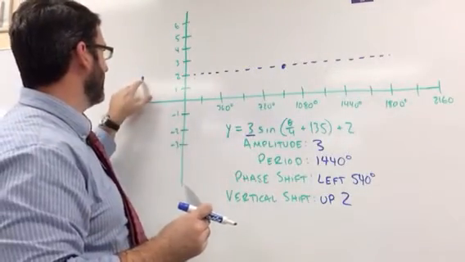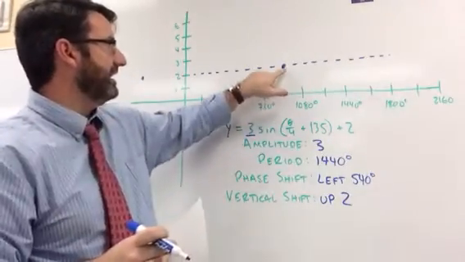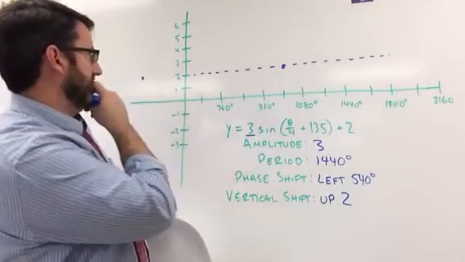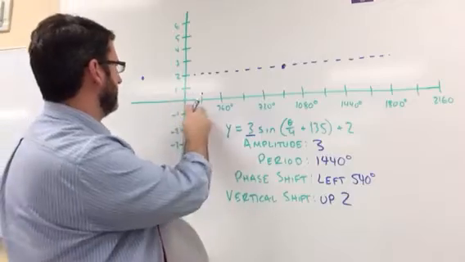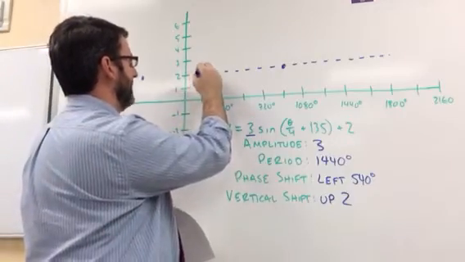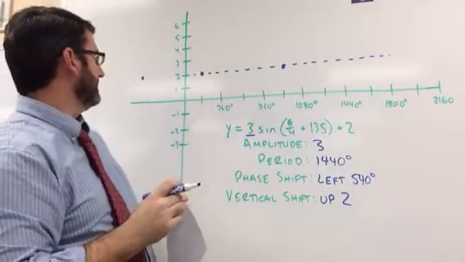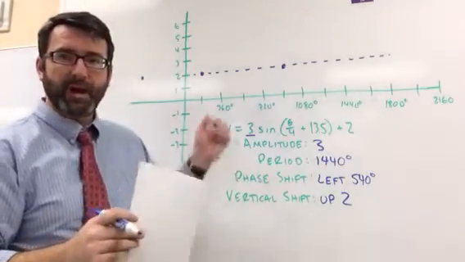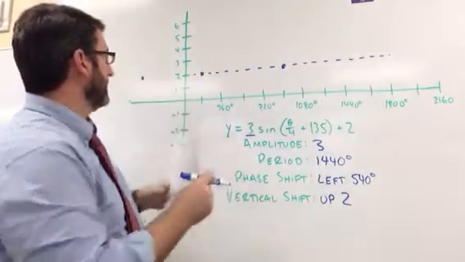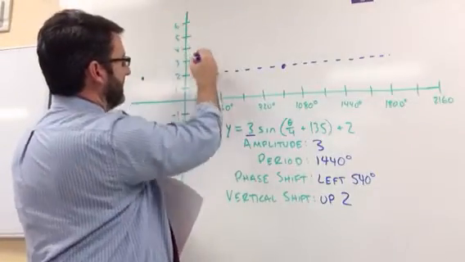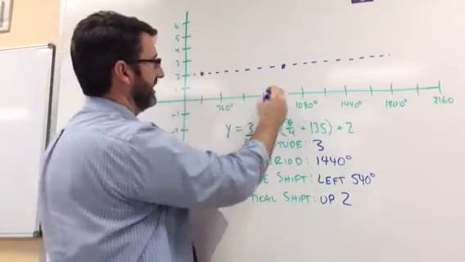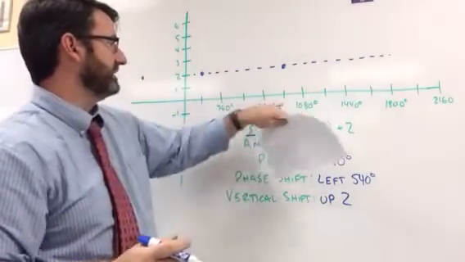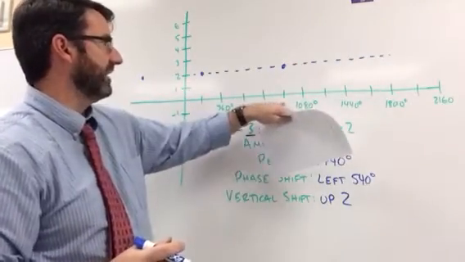So halfway between -540 and 900 is going to be here at +180. So it's going to start here, it's going to go up, it's going to come back down here, and then be up here again at 1440, or sorry, at 900.